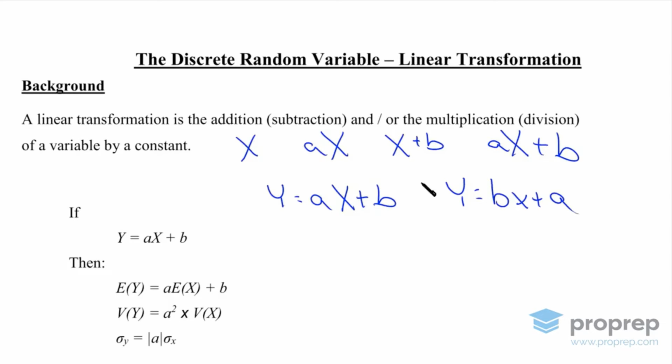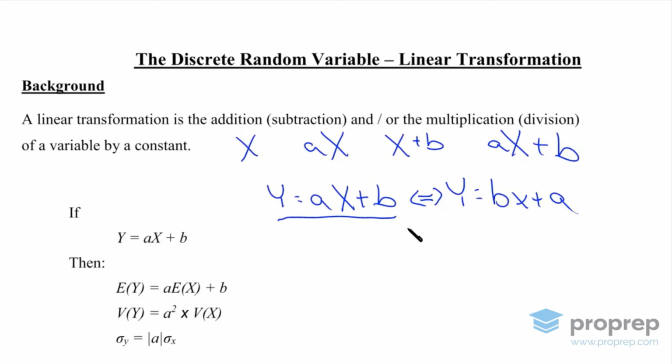These two expressions are the same. All we did is change the names of the multiplier and the addition constant. Because they're the same, I'll be using y equals ax plus b to express the linear transformation of x.